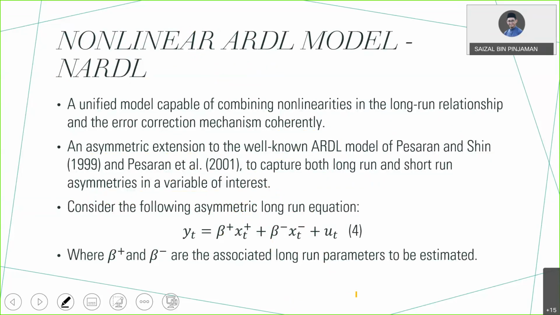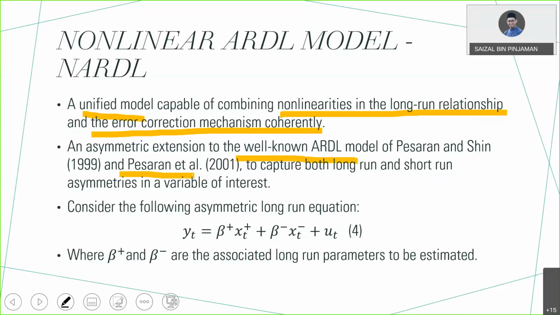So the NARDL or nonlinear ARDL model is a unified model that is capable of combining nonlinearities in the long-run relationship and the error correction mechanism coherently. And as I mentioned before this, the NARDL is an extension of the well-known ARDL model of Pesaran and Shin, as well as Pesaran et al.